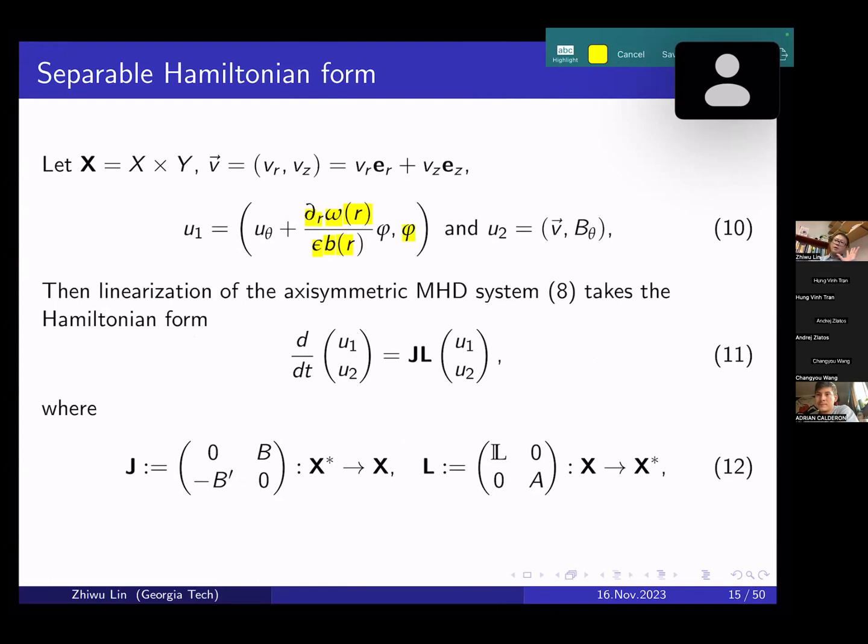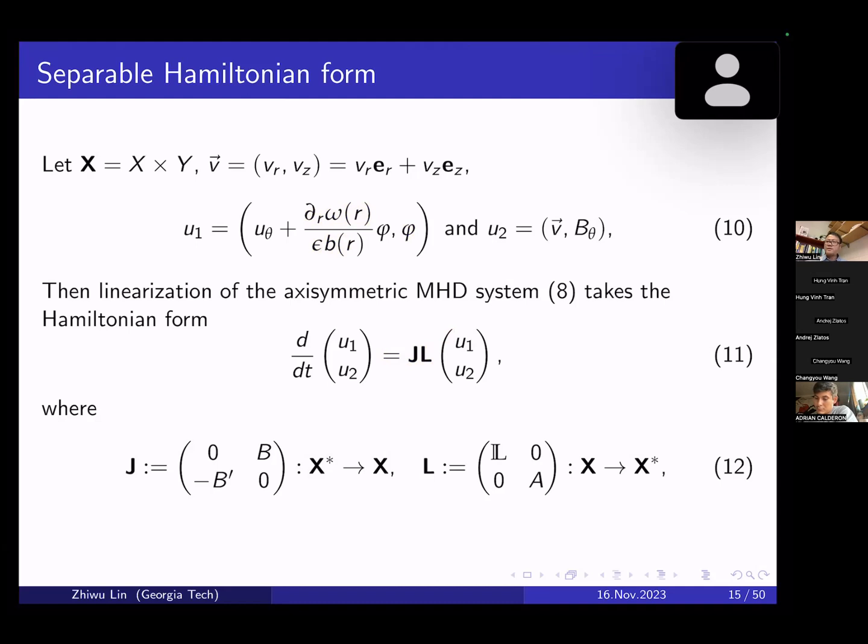So if you regroup these unknowns, then we can rewrite this linearized MHD system as a Hamiltonian system in the following sense. Here, our linear operator is JL. You can decompose it as JL, where J is an anti-self-dual operator, an anti-symmetrical operator, and L is a symmetrical operator. Actually, the structure is even more special.